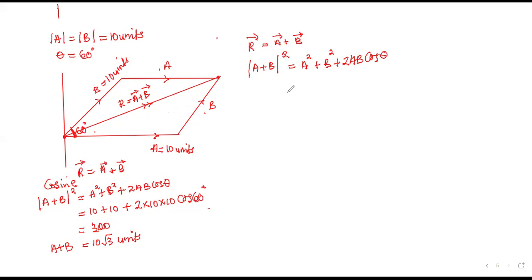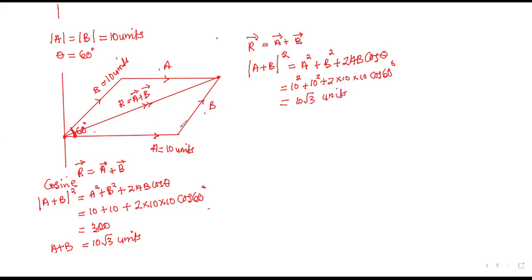So the value of A is given, value of B given, they have the same units or magnitude. So 10 squared plus 2 times A, which is 10, times B, which is also 10, times the cosine of the angle separating them. And this must give us 10 roots of 3 units.